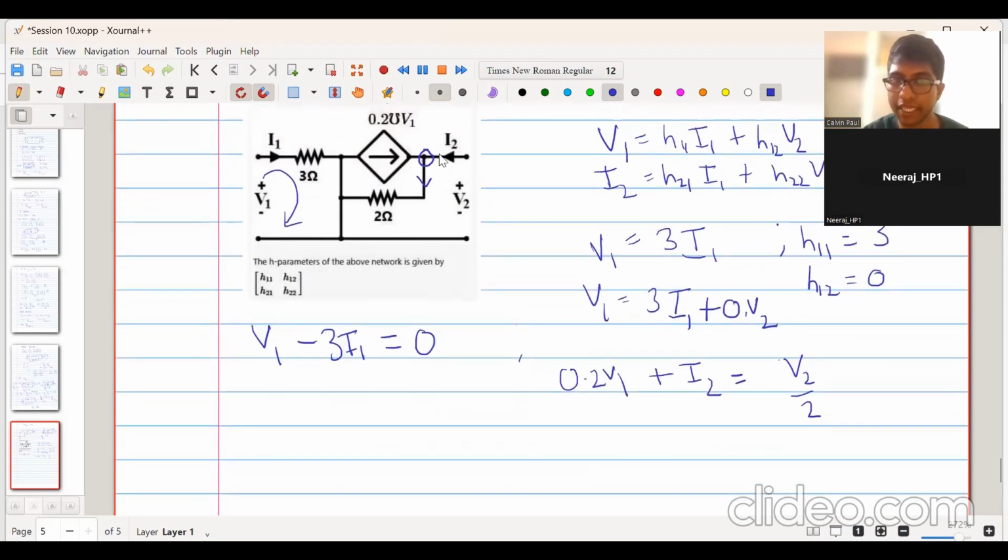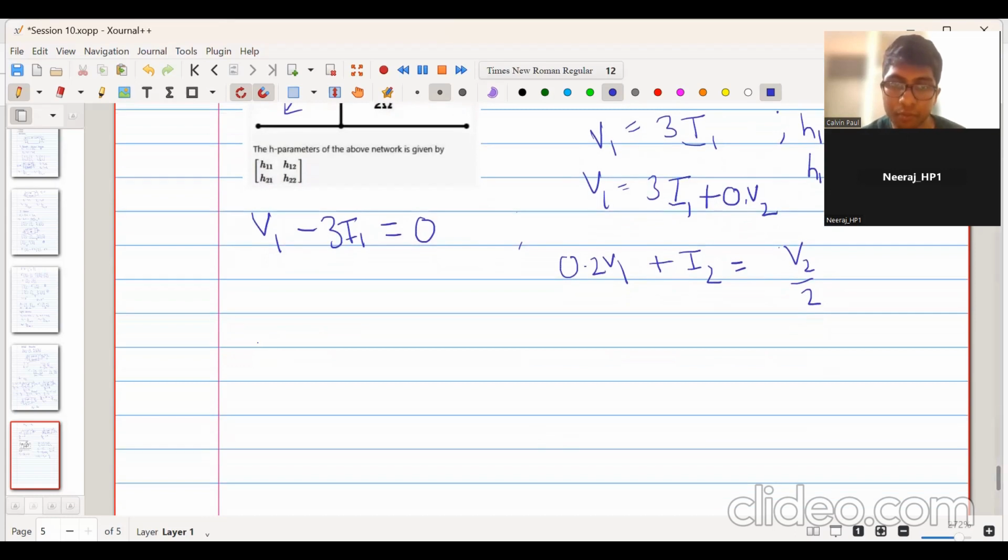So when we apply KCL at this node, we get 0.2 V1 entering plus I2 entering is equal to V2 upon 2, which is going out of the node. So we got 0.2 into V1 plus I2 equal to V2 upon 2. Now we know V1 is equal to 3 into I1, so we substitute over here. We get 0.2 into 3 into I1 plus I2 is equal to 0.5 V2.